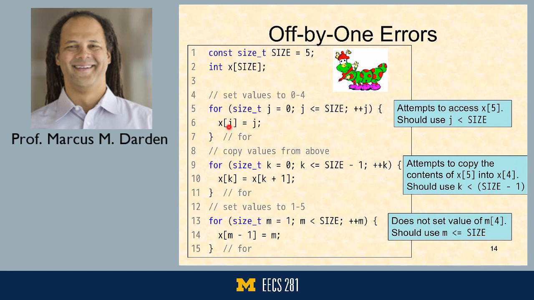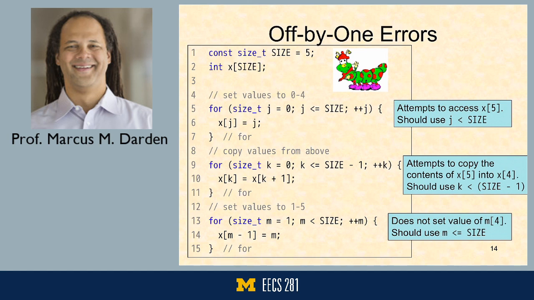Let's write x[5]. But you see here, x was declared with 5, so x is going to go from 0, 5 things, 1, 2, 3, 4. That's my last address. So x[5] here is me accessing memory that I shouldn't access. So this is an off-by-one error because of the less than or equal to there. Be careful with those.